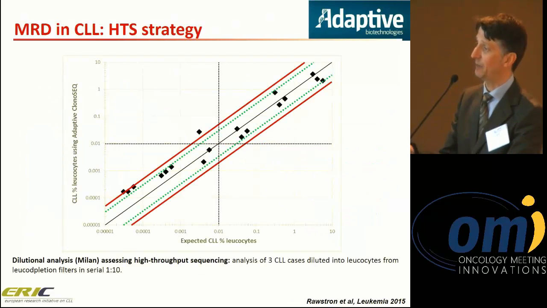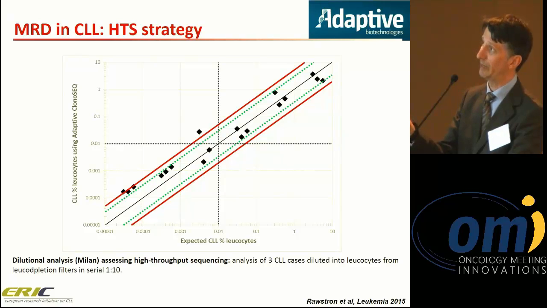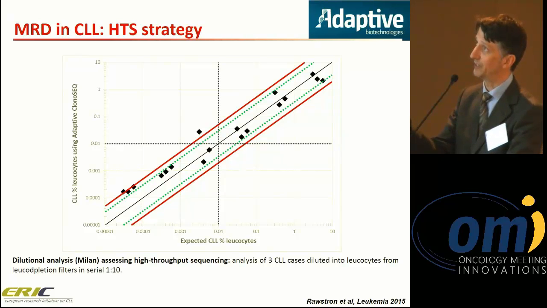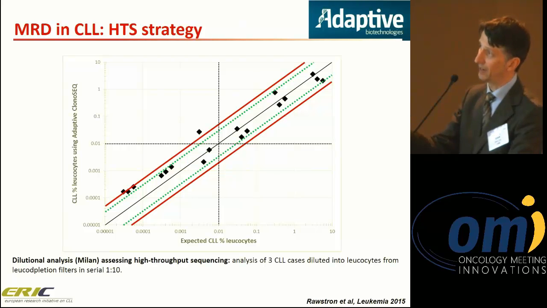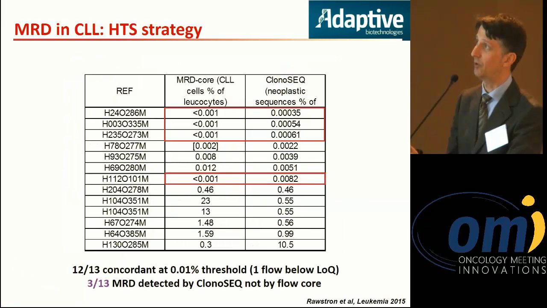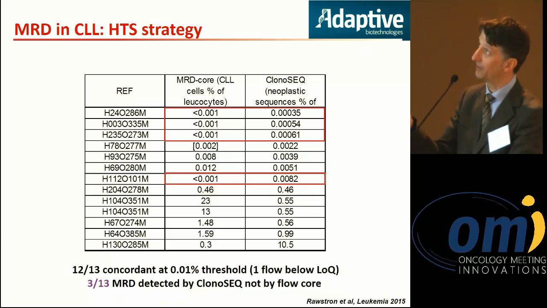In this paper that we published, we compared flow cytometry versus high throughput sequencing, so next generation sequencing. As you can see here, it can go down to 10 to the minus 6 in a very linear way, which is definitely better than flow. This was a collaboration with Adaptive Biotechnologies, compared to MRD flow.